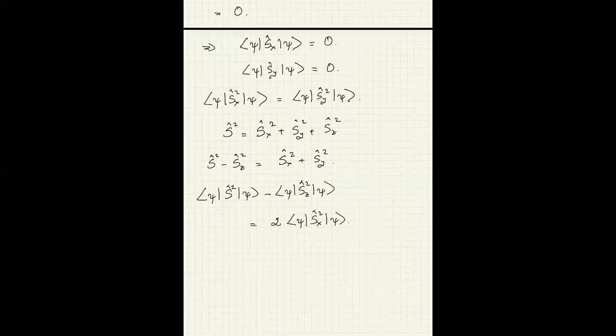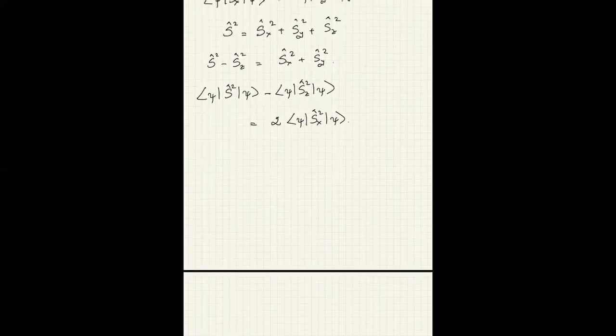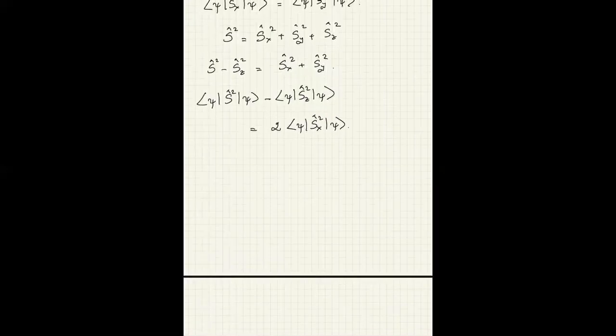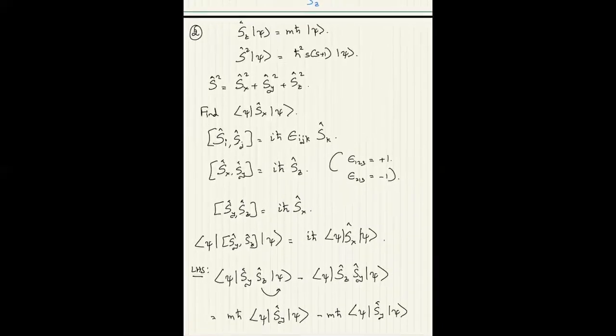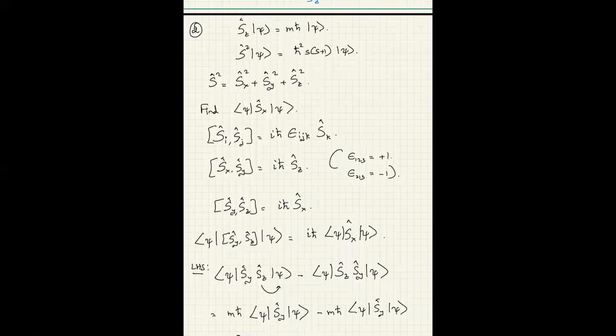And this would tell us what the expectation value of the Sx^2 operator is, because we know the expectation values of S^2 and Sz^2, since psi is an eigenstate of these operators. S^2 acting on the right gives you h bar squared s(s+1) psi, and Sz^2 acting on psi gives you m squared h bar squared psi.